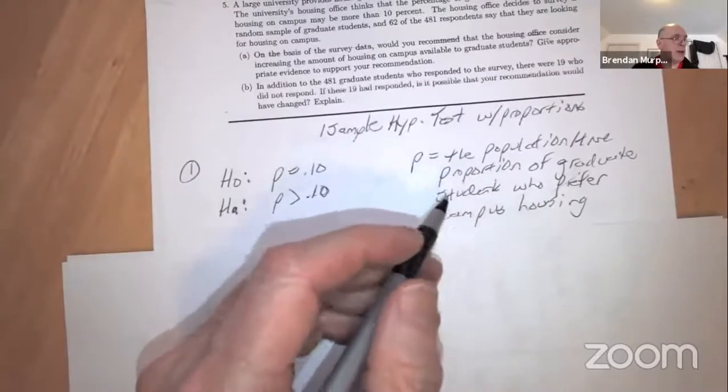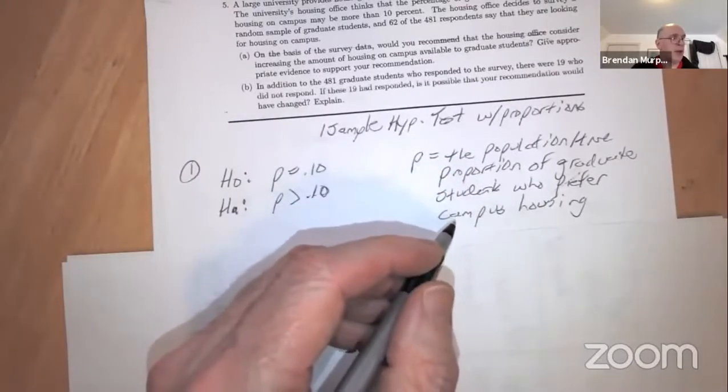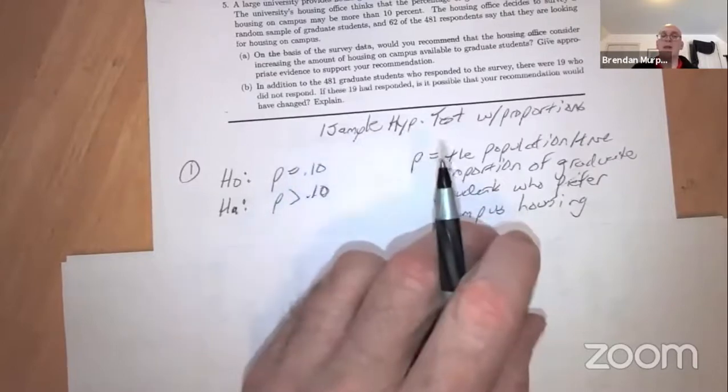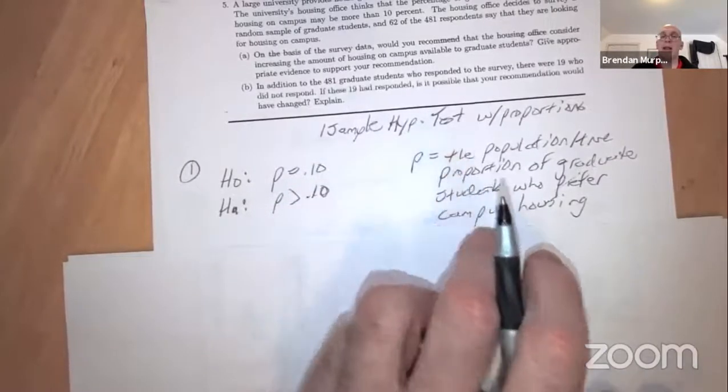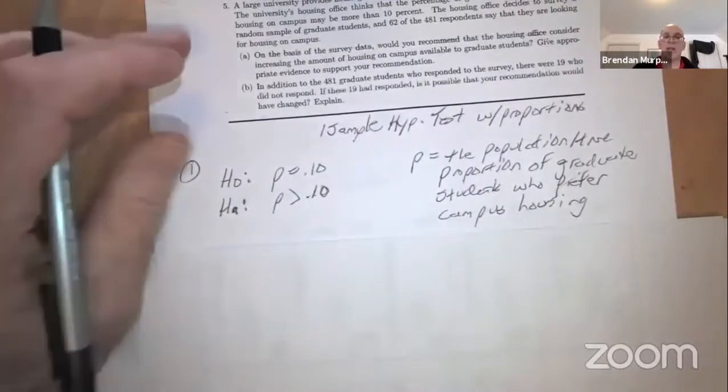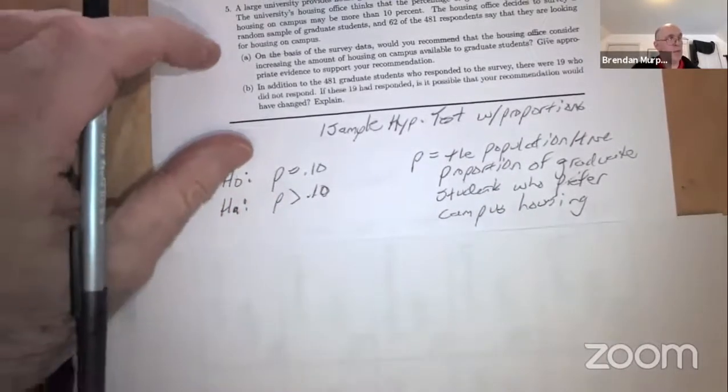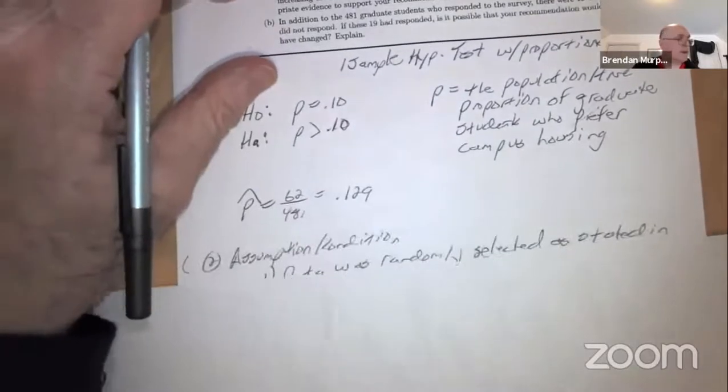We need to identify that parameter. What does P mean in this problem? So over here, I said P is the population or true proportion of graduate students at this university who would prefer campus housing. So I've sort of identified that, and we want to make it clear that that's a population parameter. So that's always my first step, is come up with my null and alternative hypothesis.